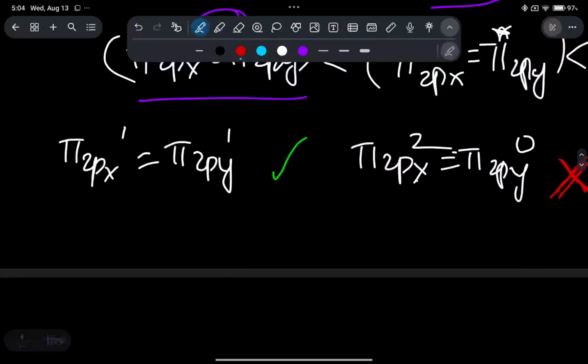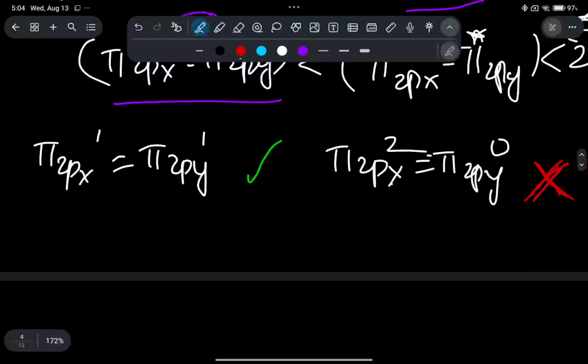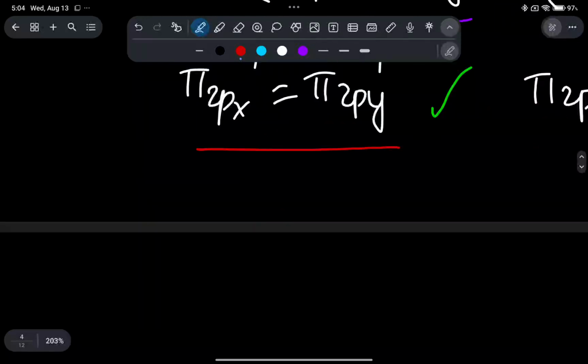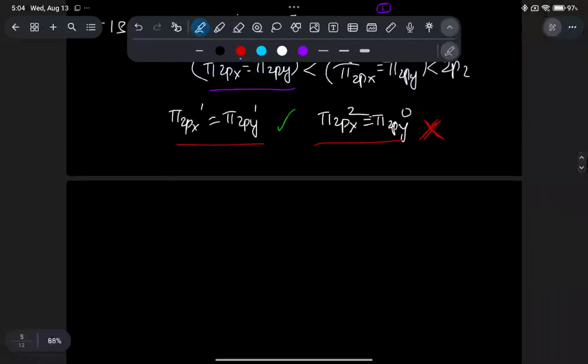Do not pair the electrons until all the orbitals are singly filled. Okay, this is the correct order and this is the wrong order.